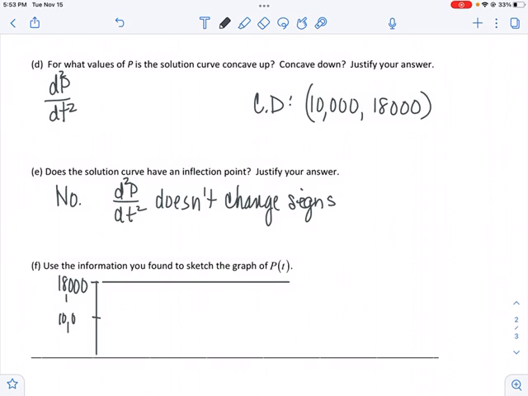If we start at 10,000, we're past that inflection point where it was concave up and then became concave down. So our graph would look like this, as it levels off, and it all has to do with the starting location. So the limit as t goes to infinity of P of t is equal to 18,000.